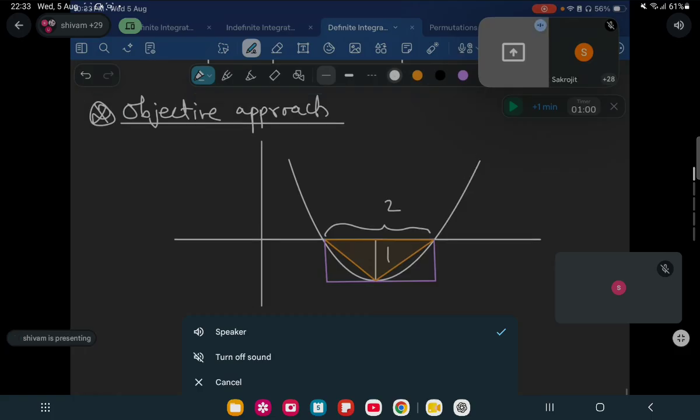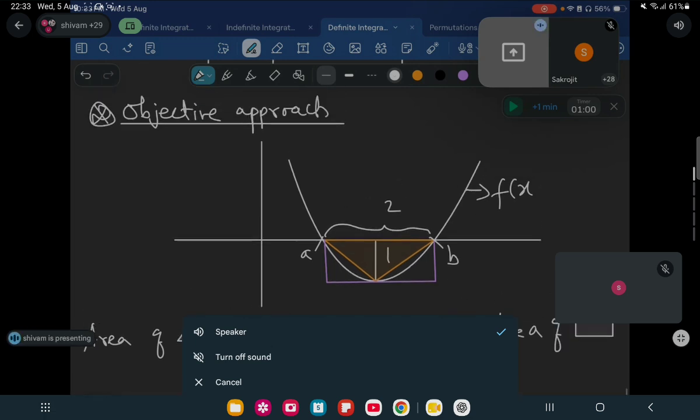Over here, can I say that the area of the curve is greater than the area of the triangle, and it is less than the area of the rectangle? Let us say that this is f of x, this is a, this is b.